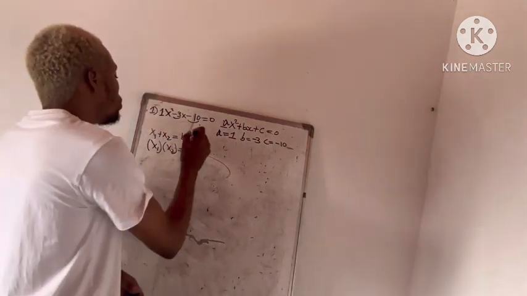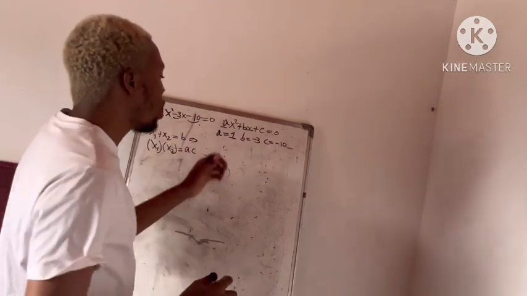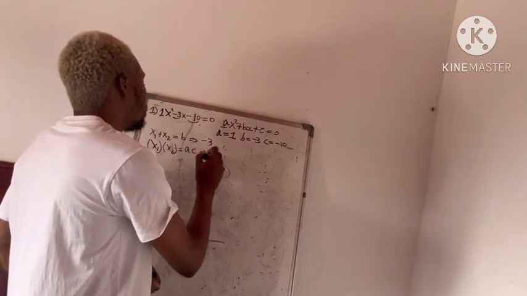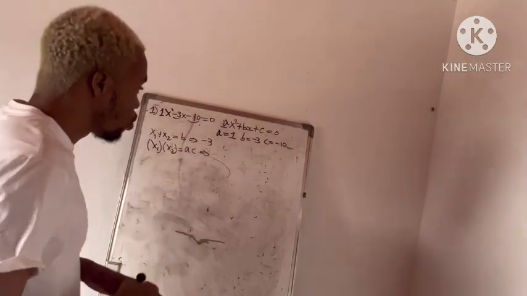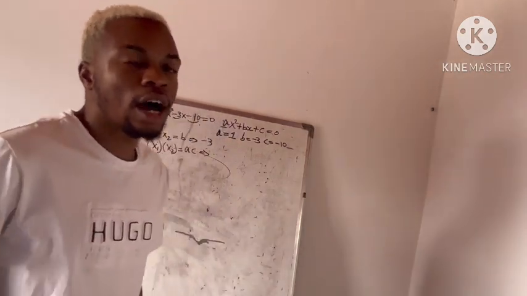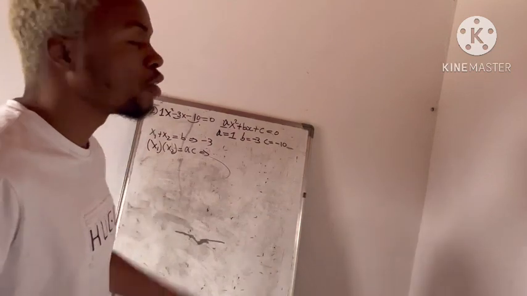Now the question is, what's B? We spoke about that already, and we said B is -3. Now what's AC? We know our A is 1, and our C is -10.